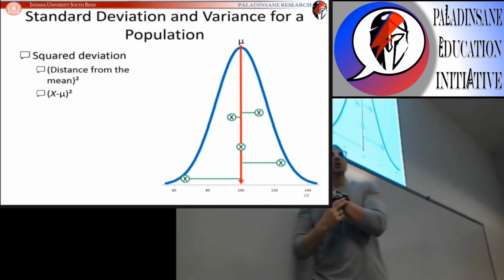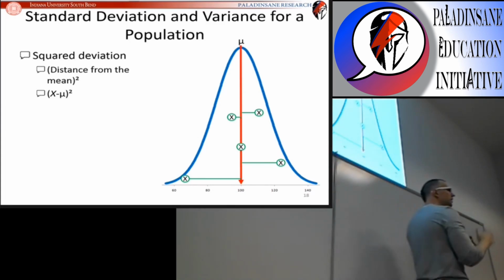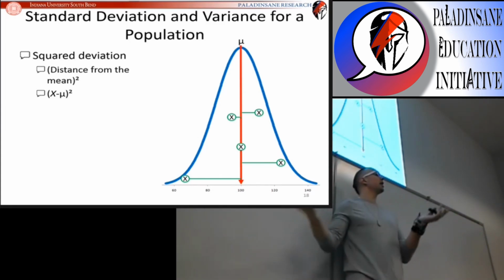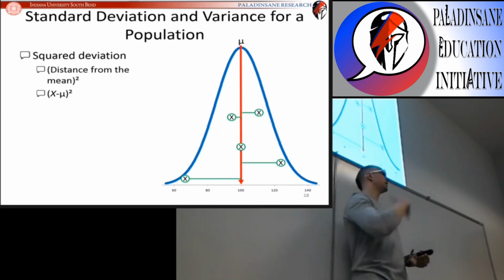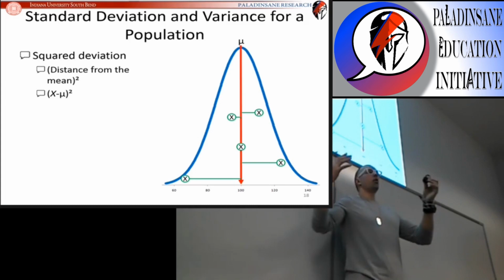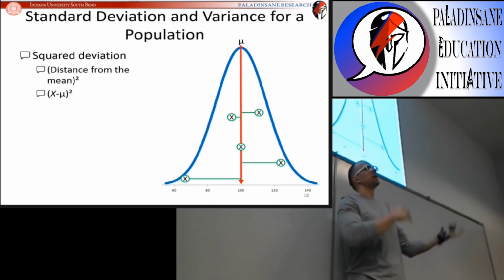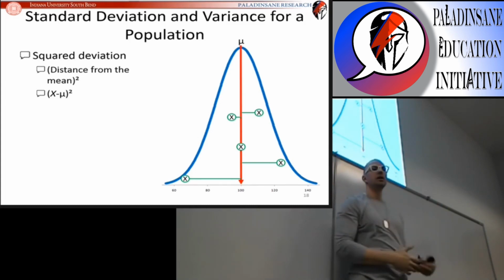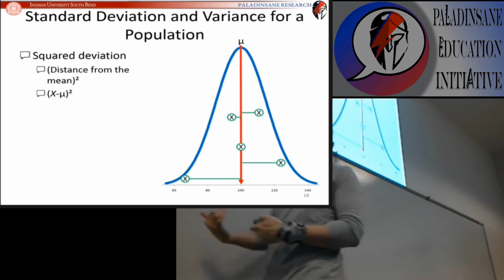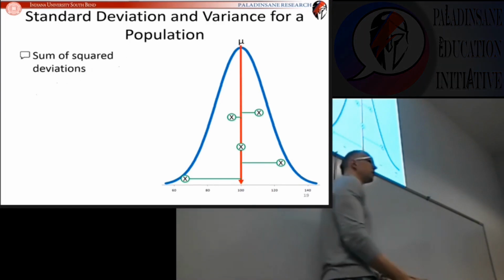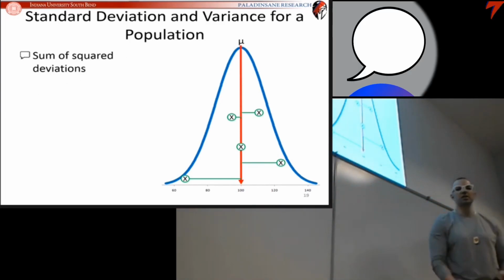So if you remember our measures of central tendency, if you remember the mean, if you're going to calculate the average, which is what we're trying to do, we're trying to calculate the average deviations. At one point, you're going to add everything up and then divide by the number of scores. And that is our very next move, is to add everything up. So we are now taking our squared deviations, and we're going to find the sum of the squared deviations.